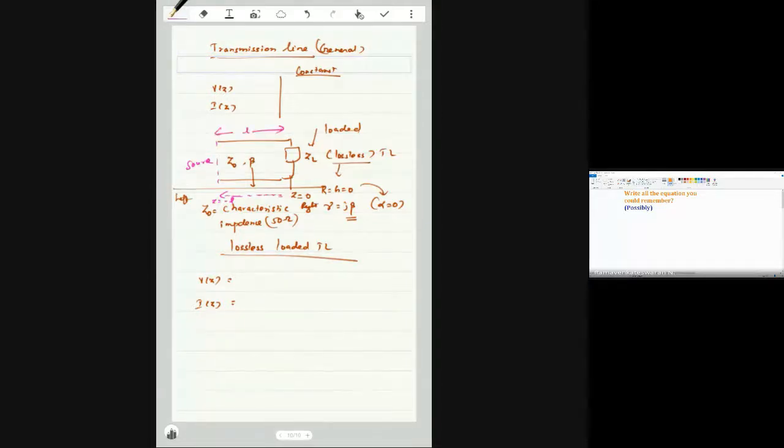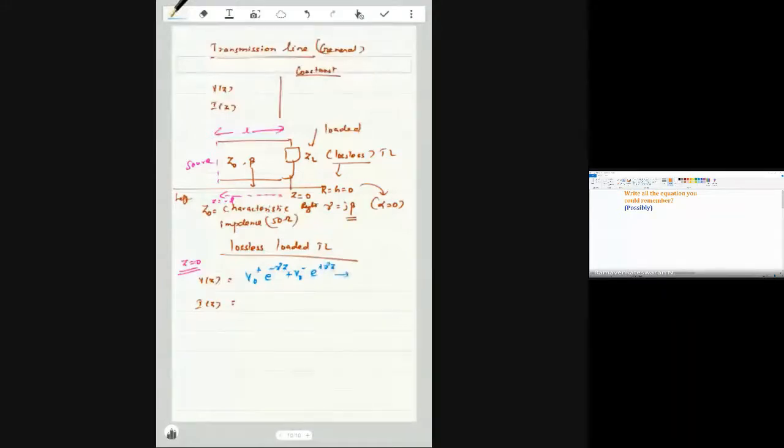Using the condition z equal to 0 at the load, I can rewrite this voltage and current equation in a simpler way. That is the incident wave, V naught plus e power minus gamma z, and V naught minus, which is the reflected wave, e power plus gamma z.